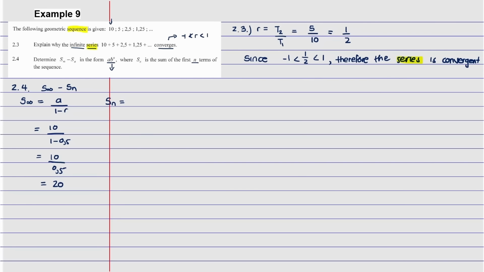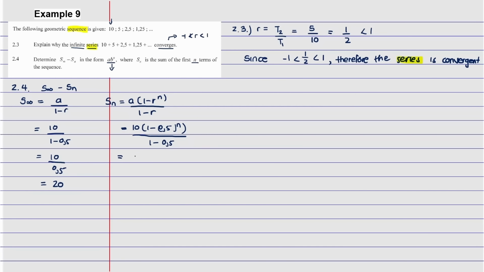We know the fact that r is less than 1, meaning Sn is going to be a open bracket 1 minus r to the power n, divided by 1 minus r. Let's substitute a and r. So it's going to be 10, then 1 minus 0.5 to the power n, then divided by 1 minus 0.5.